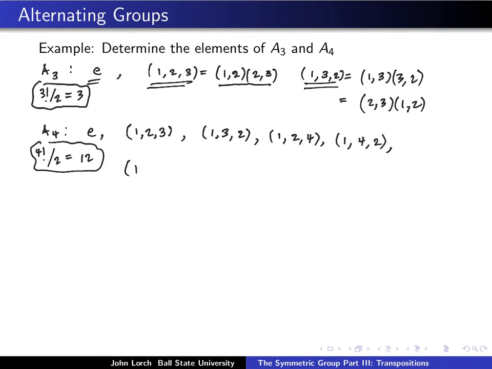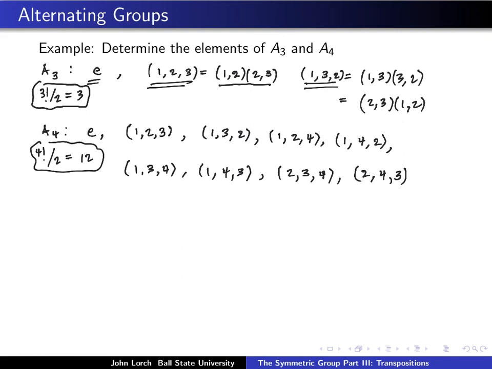And (1 3 4), and its inverse, (1 4 3). And then (2 3 4), and its inverse, (2 4 3). And then we might decide that we've run out of 3-cycles.